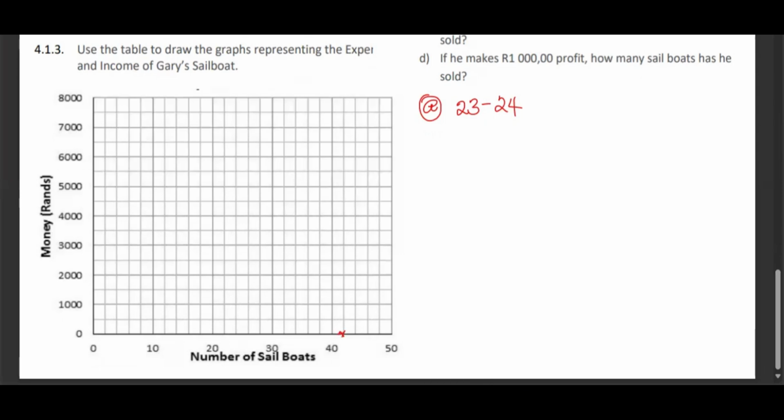So at 42, what will be the income? Remember, we tried to draw a graph here. We're supposed to draw it straight.